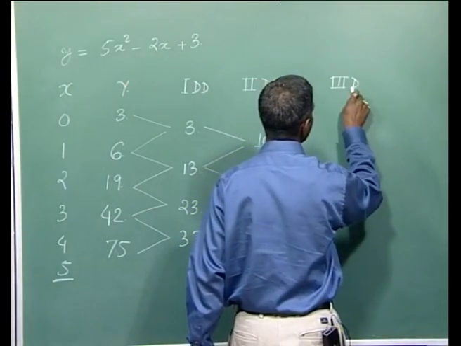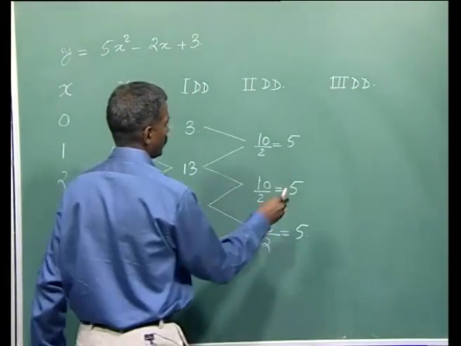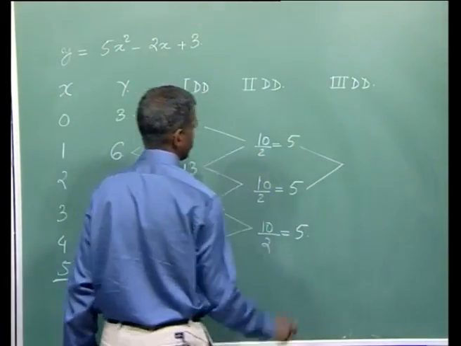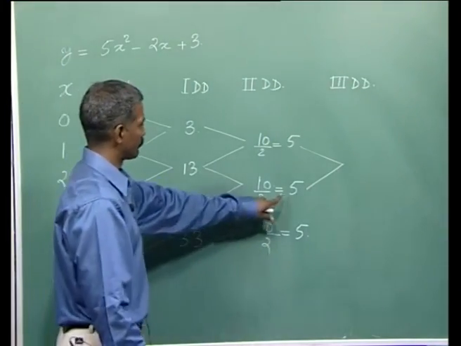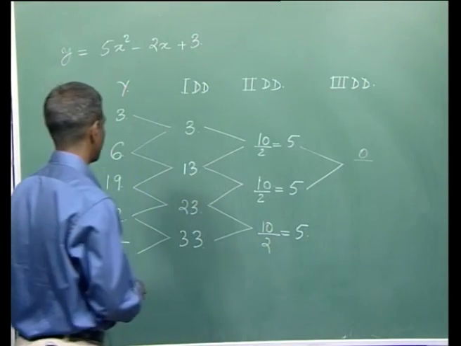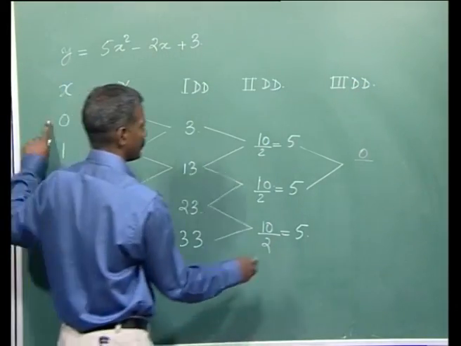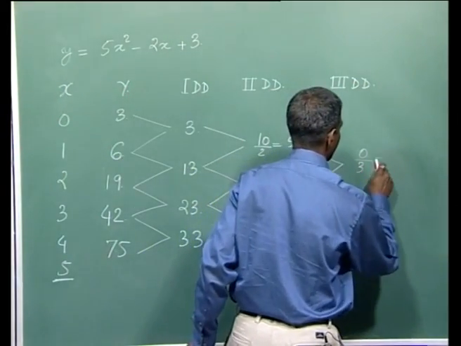I call them 3DD. So this is 5 minus 5, 0, over... Now I'll have to be a little careful here. I'm going to be enlarging my interval. So this would be 3 minus 0, which is 3. This is 0.